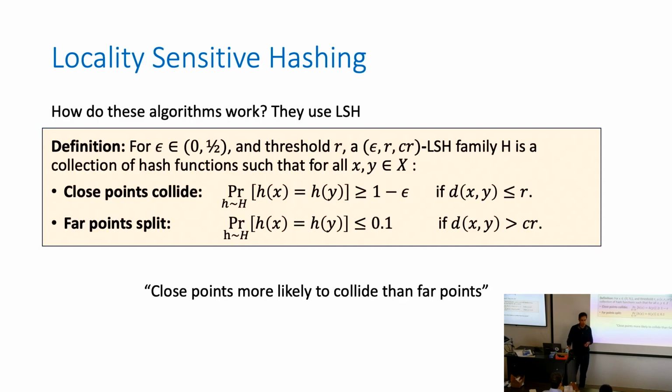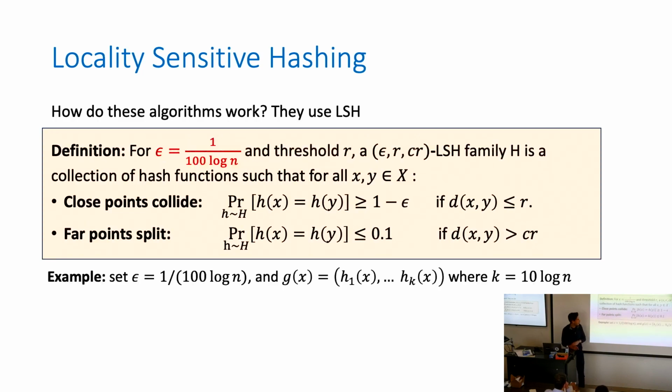For any two points x and y in my metric space, if they're close, if their distance is less than r, they should collide with large probability, let's say probability at least 1 minus epsilon. On the other hand, points that are far should be less likely to collide. Let's say if their distance is larger than c times r, they should collide with probability at most 1/10. So far points are unlikely to collide, close points are likely to collide, and close and far are split by this approximation factor c.